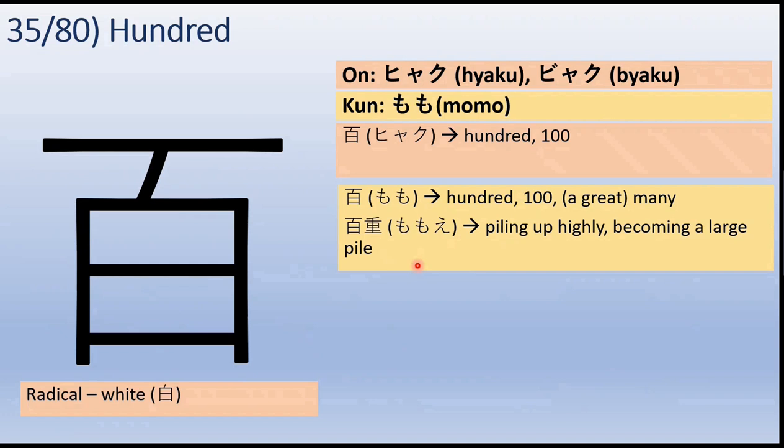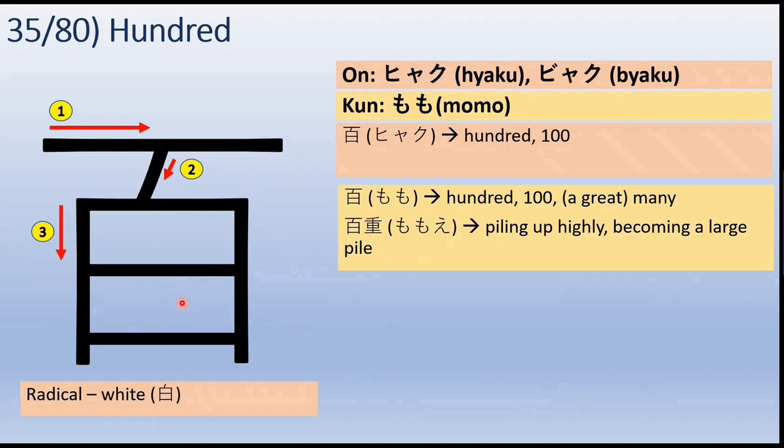So this is derived from the white radical, which we have already discussed in one of the last lessons as part of this grade 1 kanji. So the kanji for 100 has been derived from this, as you can see clearly.